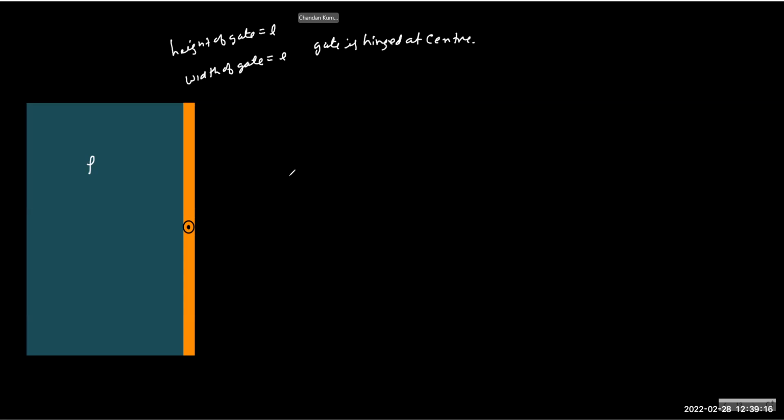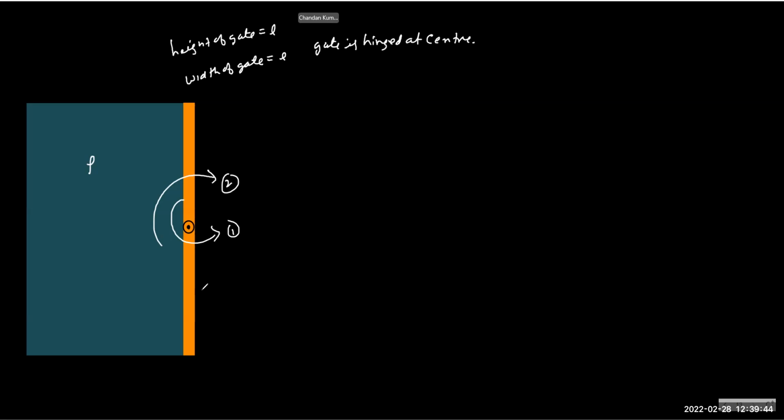So what do we expect? The gate will open this way or this way. If I release, anti-clockwise, so one or two, which way will it open?